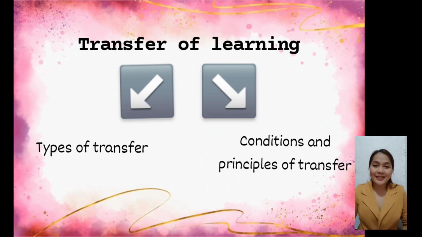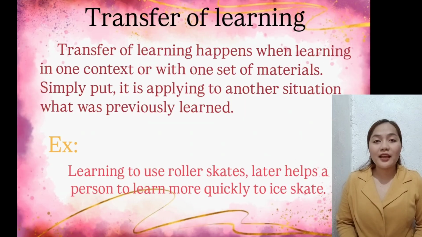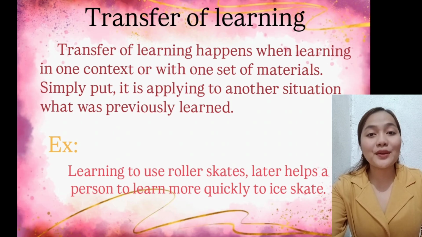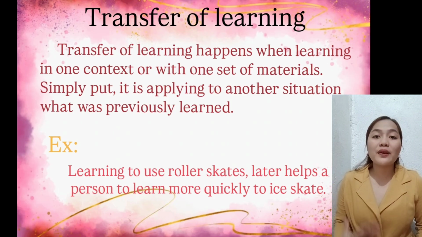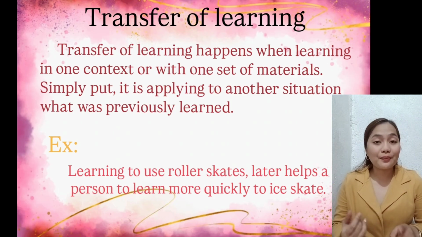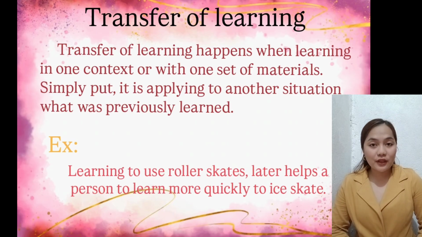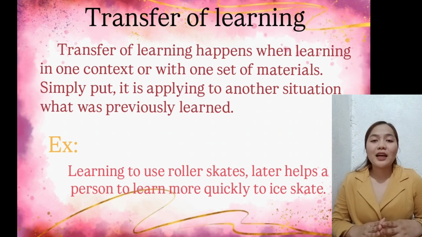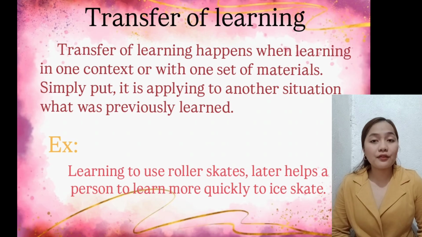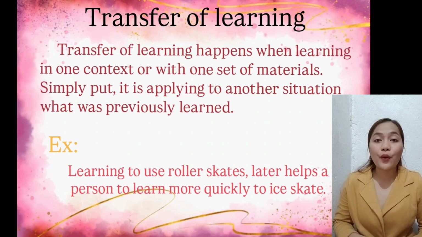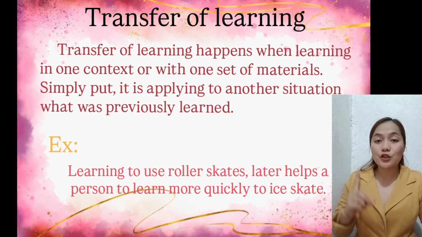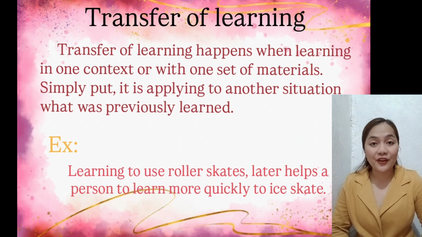Let's first tackle what is transfer of learning. Transfer of learning happens when learning in one context or with one set of materials applies to another situation. Simply put, it is applying to another situation what was previously learned. It means that transfer of learning is when you use what you've learned in one situation to help you in another situation.